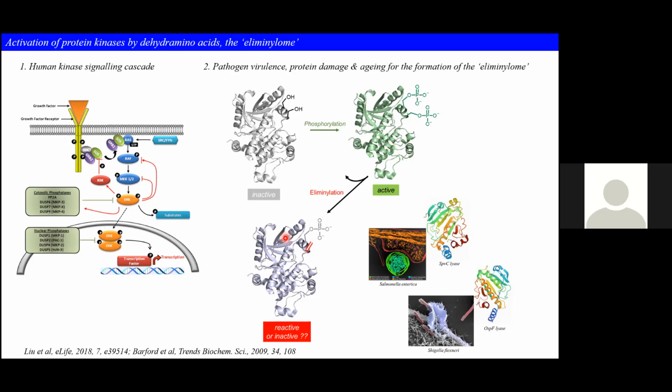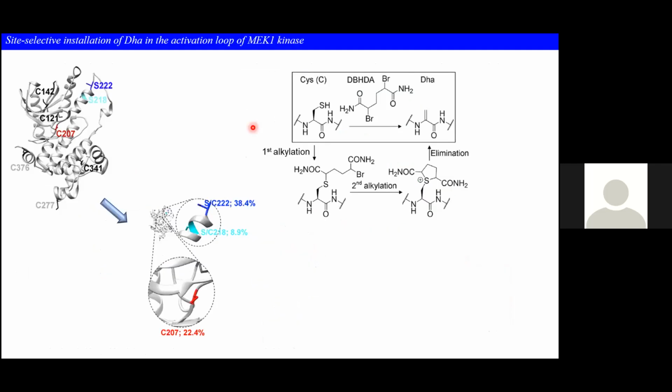In order to prove this, first of all, we have to use a chemical method to site-selectively install the DHA, dehydroamino acid, in the active site of the enzyme. Here shows a three-step reaction: we first change the active site to a cysteine residue.